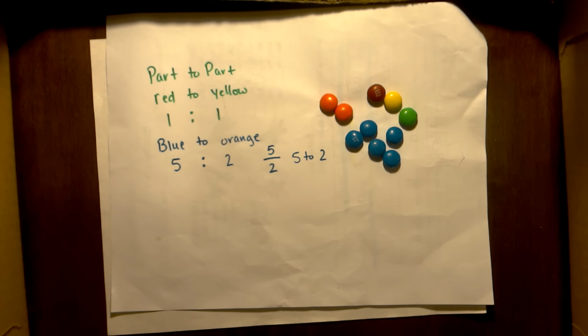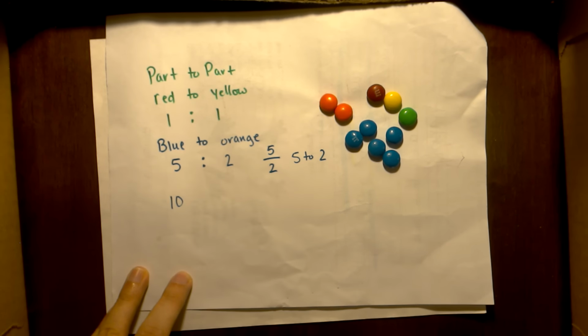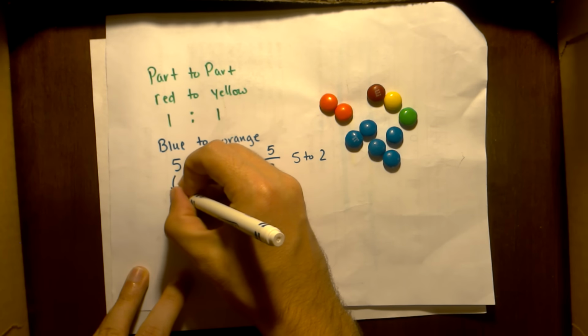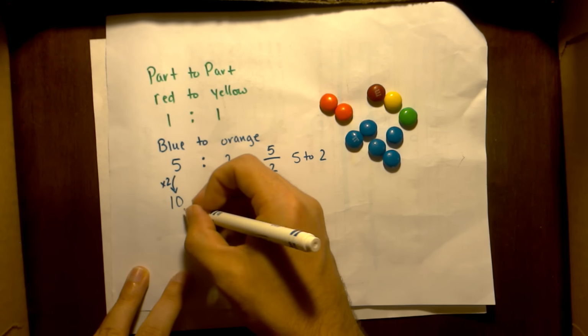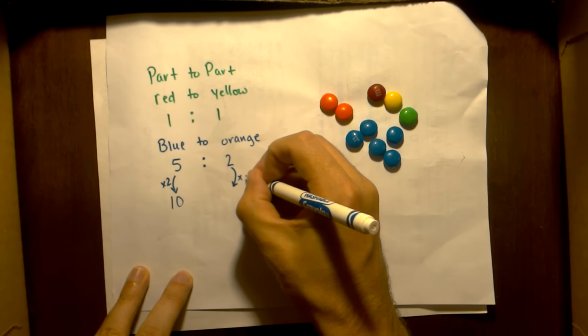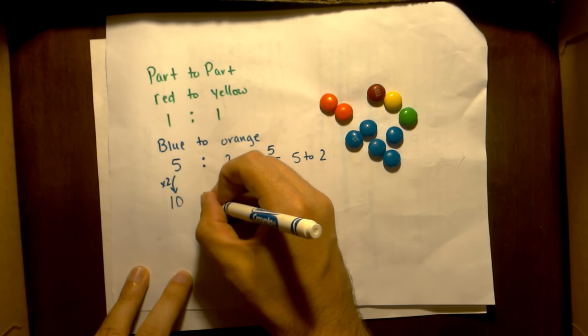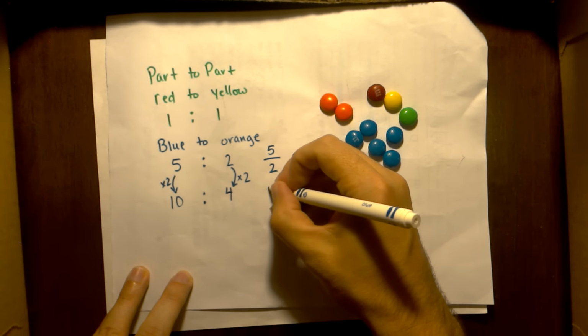Now, let's talk a little bit about equivalent ratios, and then we're going to go to part to whole. If I had 10 blue, how many orange would I expect? Well, I know that 5 times 2 is 10. So, to find an equivalent ratio, I'm going to multiply 2 times 2. 2 times 2 is 4. So, 10 to 4 is an equivalent ratio.